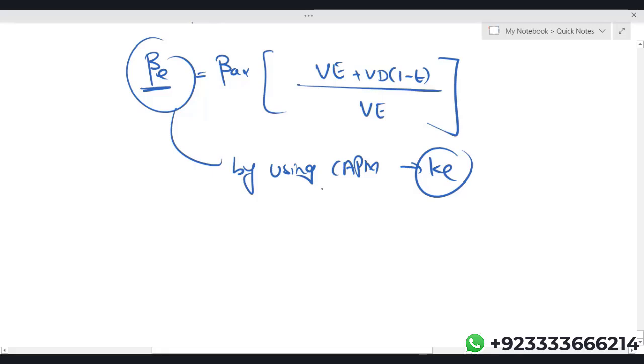Step 1, to find beta asset of the new industry. How do we find it? We take the proxy company equity beta and the financial gearing of the proxy company to calculate beta asset. Once you have calculated the beta asset, we gear up that beta asset with our own financial gearing. Let me repeat: you badly need equity beta, and it is not given to you.